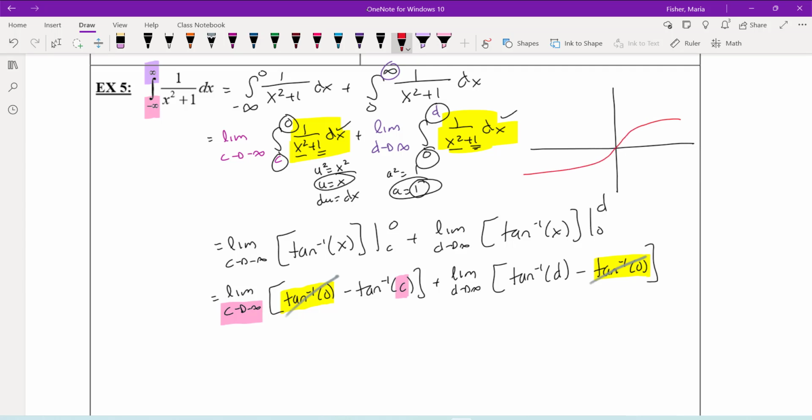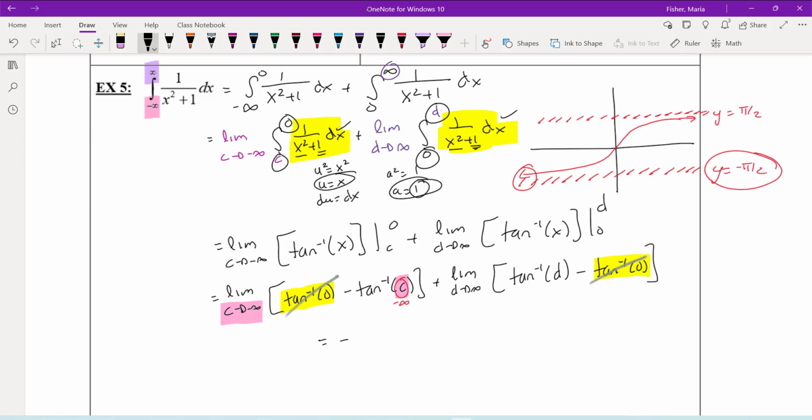It has a horizontal asymptote up here at y equals pi over 2, and it has a horizontal asymptote down here at y equals negative pi over 2. Therefore, when I'm approaching negative infinity, my y values are approaching negative pi over 2.